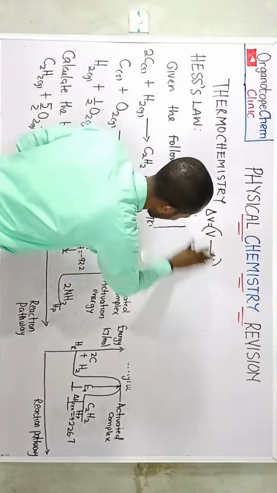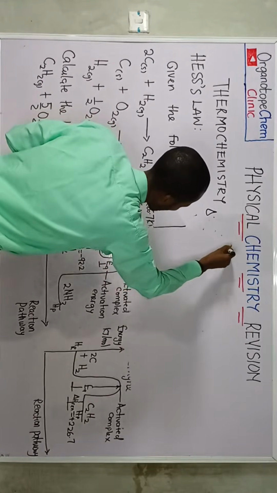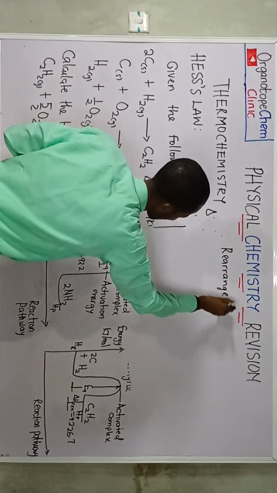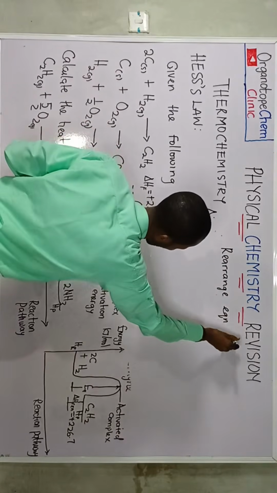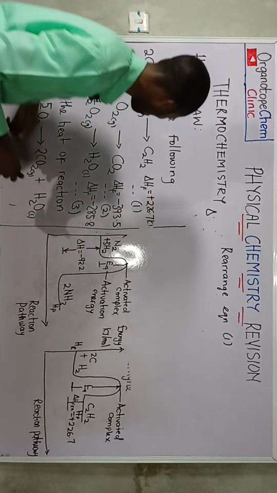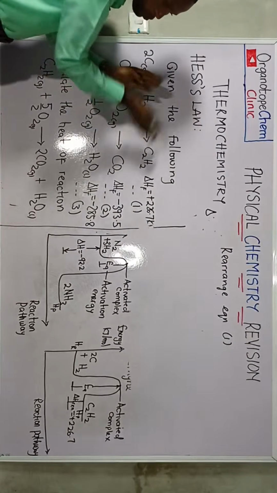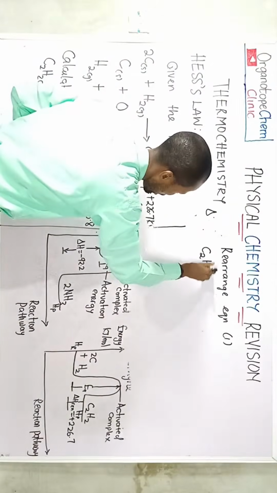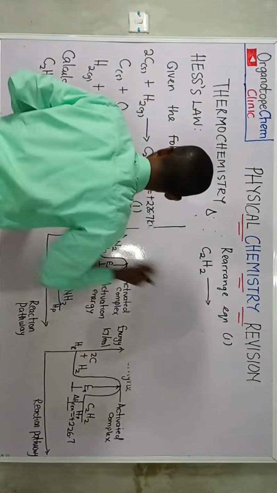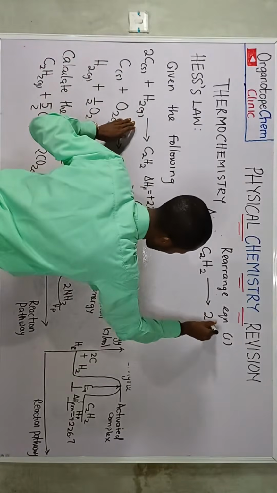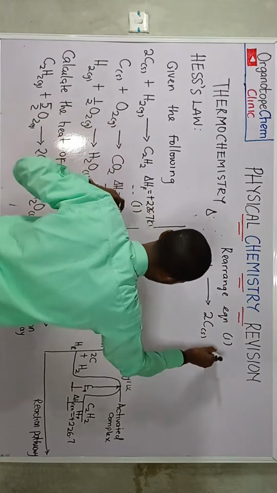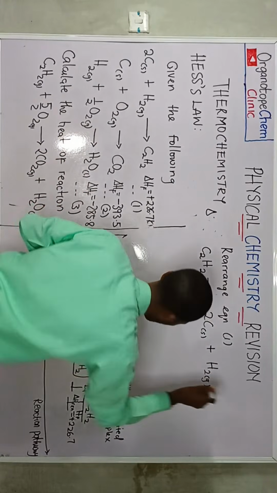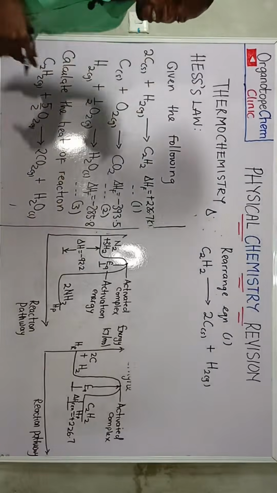So can I write rearranged equation 1? Okay, so when we rearrange equation 1, I will bring this to the other side. It will be C2H2 going to 2C solid plus H2 gas. Okay, I've been able to reverse the equation.